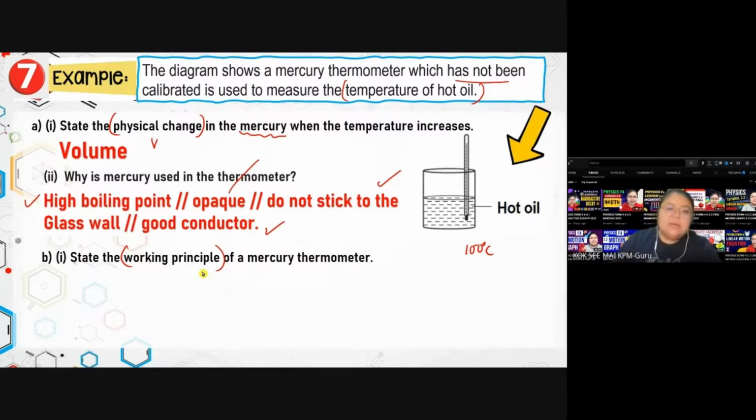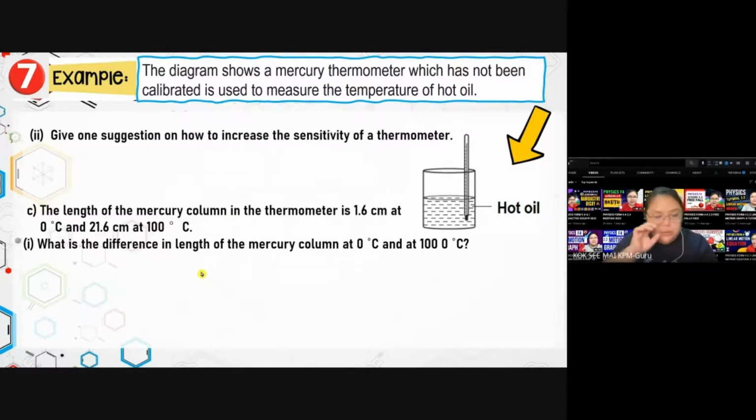Yes, thermal equilibrium. You must have the word principle. So that means they are using the concept of thermal equilibrium for the working of the thermometer. So the answer is the principle of thermal equilibrium. Finally, you can read the reading from the thermometer. Okay, so this is the answer for number 2. So we continue for number 3.